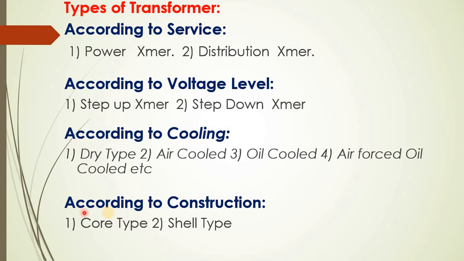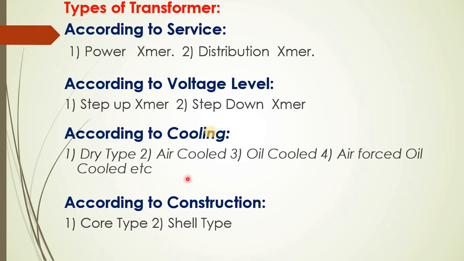Next category is according to the construction. This is very important because the transformer design totally depends on this type of transformer. These are the auxiliaries of the transformer, so that we can have different conditions, and depending upon the different conditions, different cooling methods are employed.